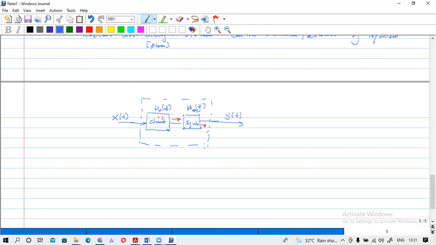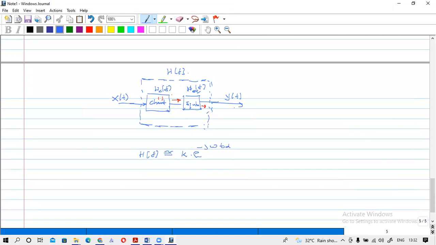If you consider this whole system, that means channel plus equalizer, let's say its transfer function is H(f). That whole transfer function should be equal or approximately equal to k e^(-jωt_d), because now there is no distortion.